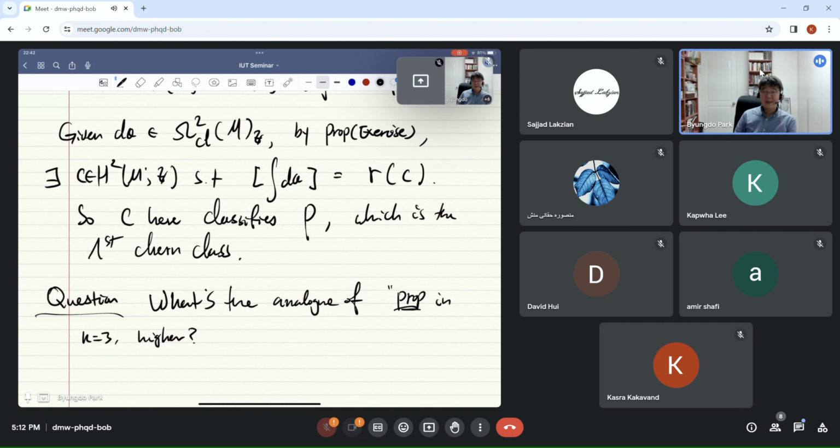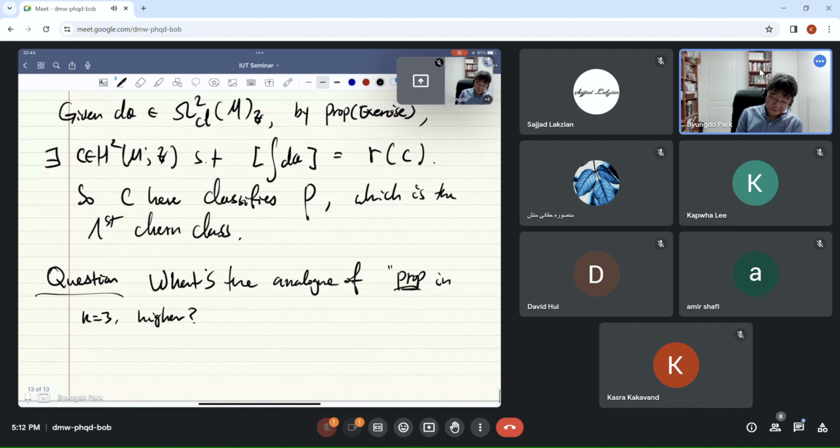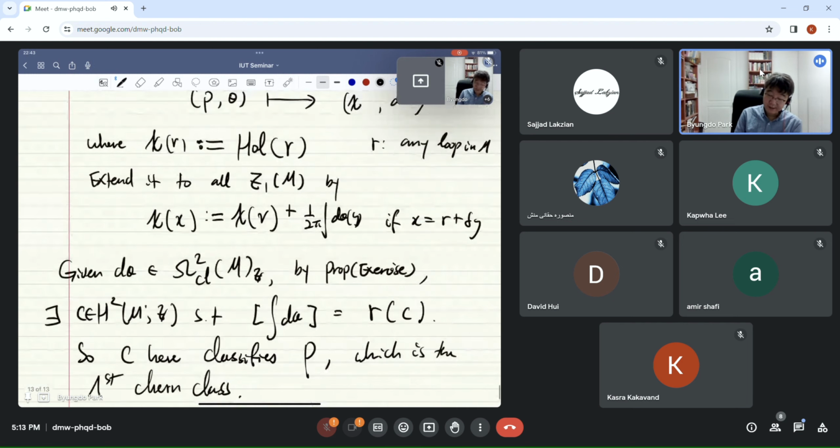Then that has to do with introducing gerbes with connection. And if you want to replicate this story, then here the holonomy along this gamma is actually the holonomy of the connection of your line bundle. But then you should make sense of why it should be the holonomy of a gerbe.